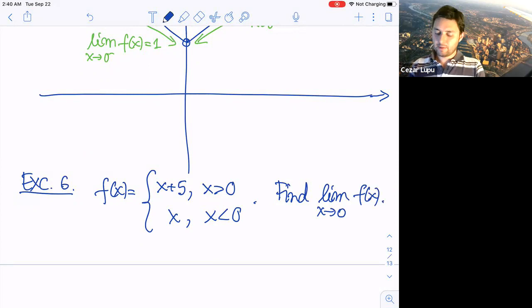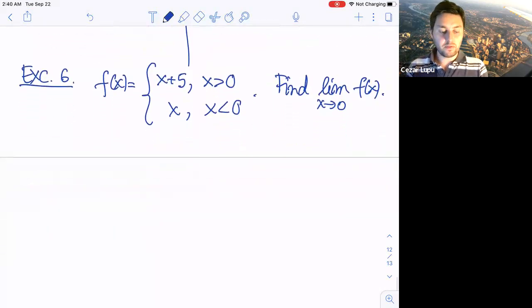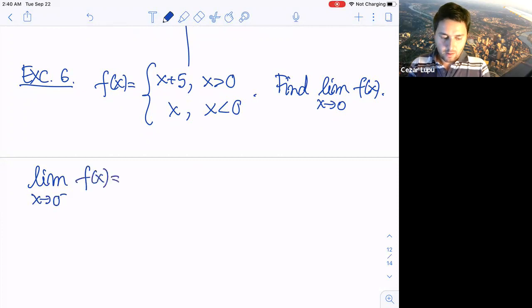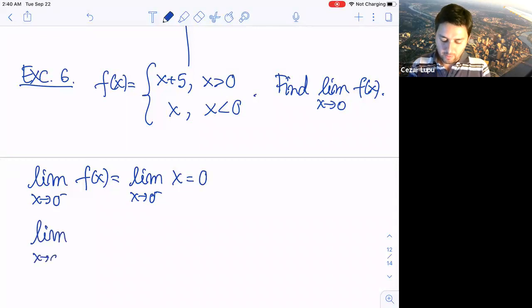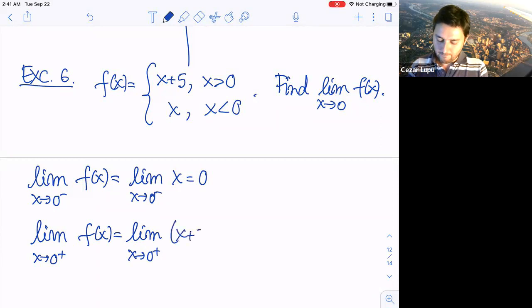Well, in this case, as we have seen in the previous example, the left-hand limit, let's say the limit as x approaches 0 from the left of f of x, as you can see, is nothing else than just the limit as x approaches 0 from the left of x, which is 0, and the limit as x approaches 0 from the right of f of x will be nothing else than just the limit as x approaches 0 plus of x plus 5, which will be 5.